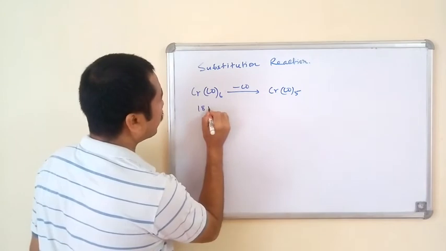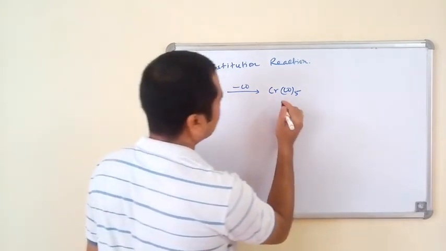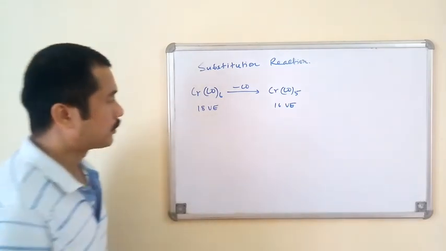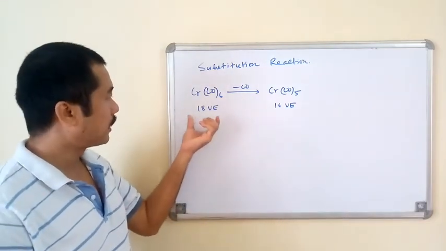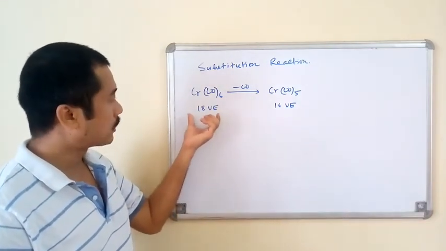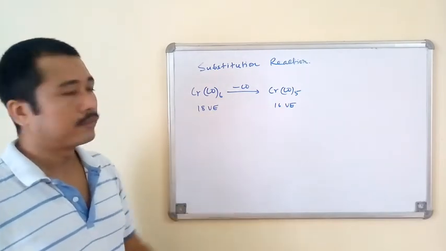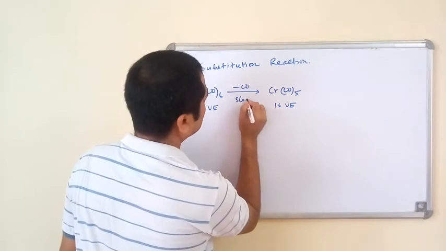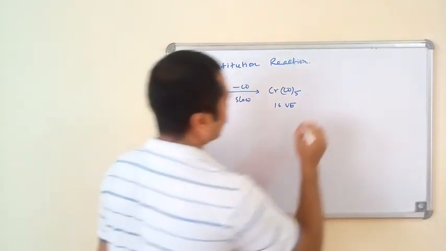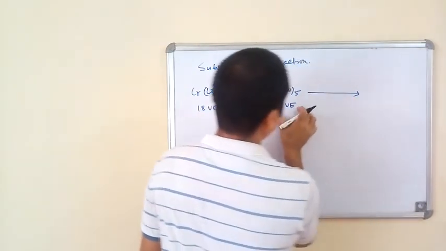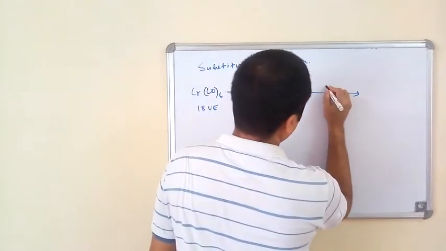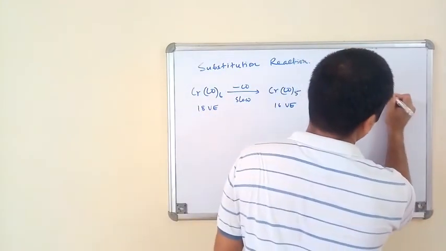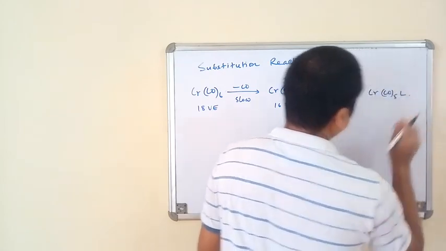So this is an 18 valence electron species, and the intermediate formed is a 16 valence electron species, because we start from a 18 valence electron stable species and form a 16 valence electron species here. This particular step is typically very slow, and then once it is formed, it can react with our desired ligand to give us the product in this way.